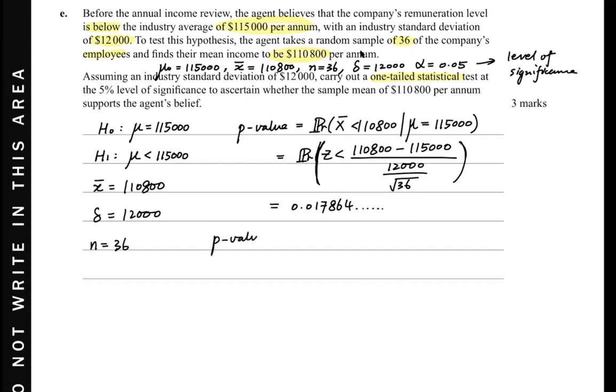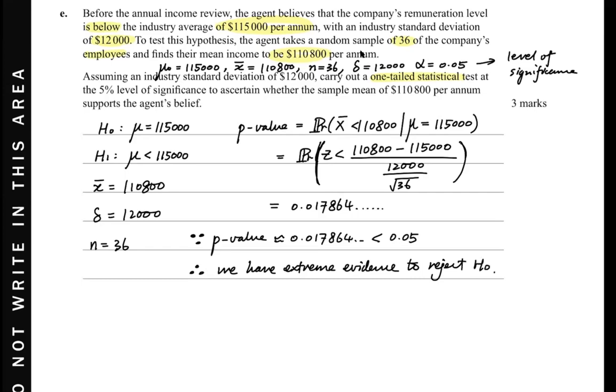Since the p-value is approximately 0.017864, it's way smaller than 0.05. So we have sufficient evidence to reject H0. Or we say we should reject H0.